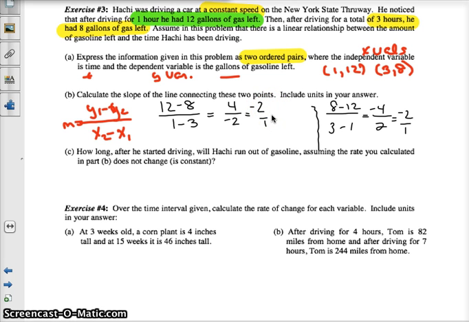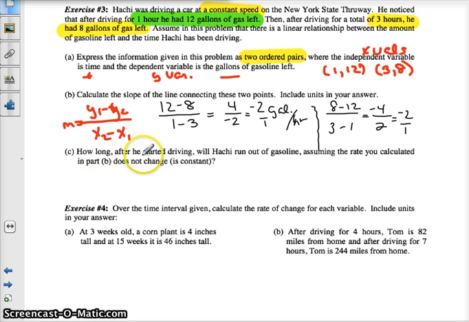So the unit should be hours and gallons, right? So the gallons was the y. So it's gallons per hour. All right. So they're decreasing 2 gallons per hour. The rate of change is negative 2 gallons per hour.